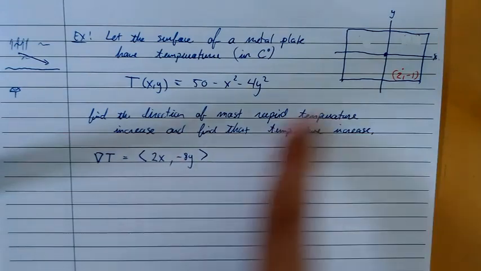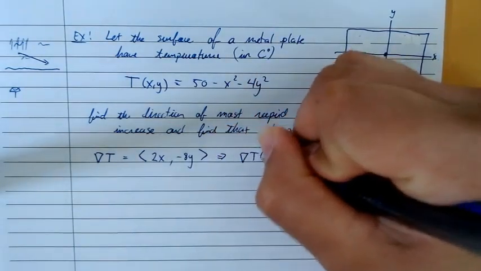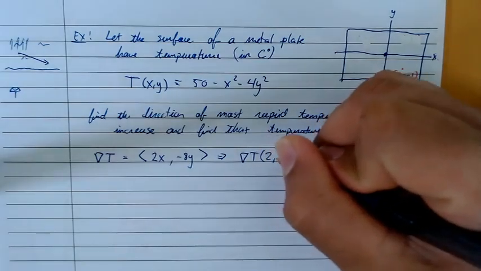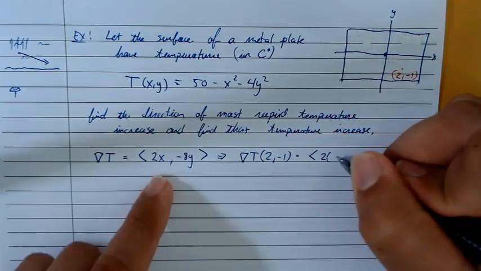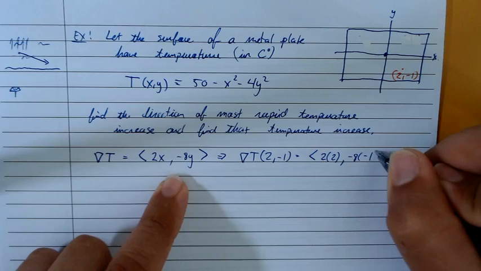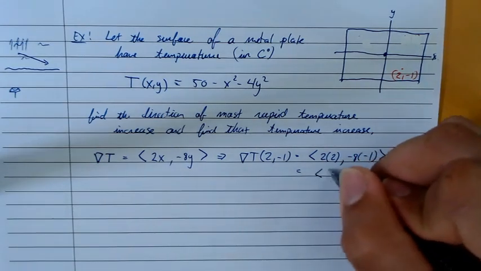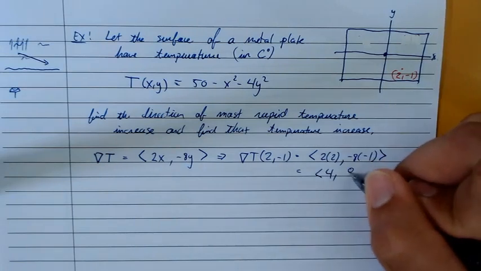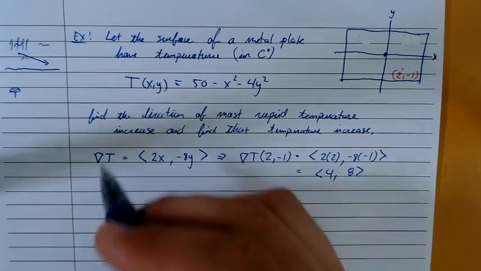Okay. So that's the gradient in general, but now we're going to find the gradient at a specific point. So the gradient of t at 2, negative 1, that's going to be 2 times my x value, negative 8 times my y value. And so that's going to be 4, 8. Just like that. Oh, no, it's not.